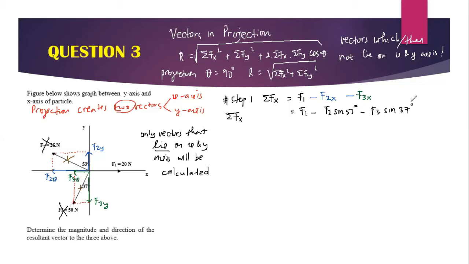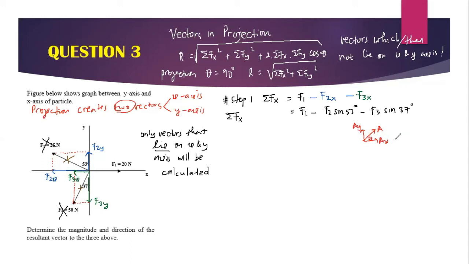So how to determine sine or cosine? Listen, students, this is the method. Let's say I have factor A, and the projection will go to Ax and Ay. And then we find here theta.